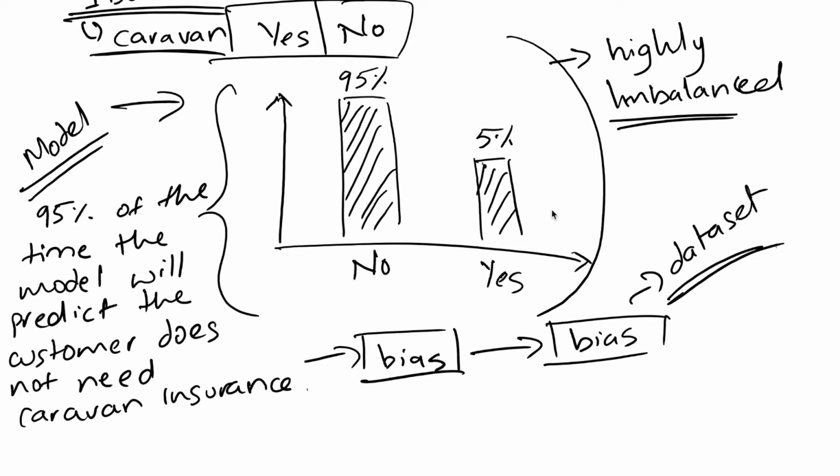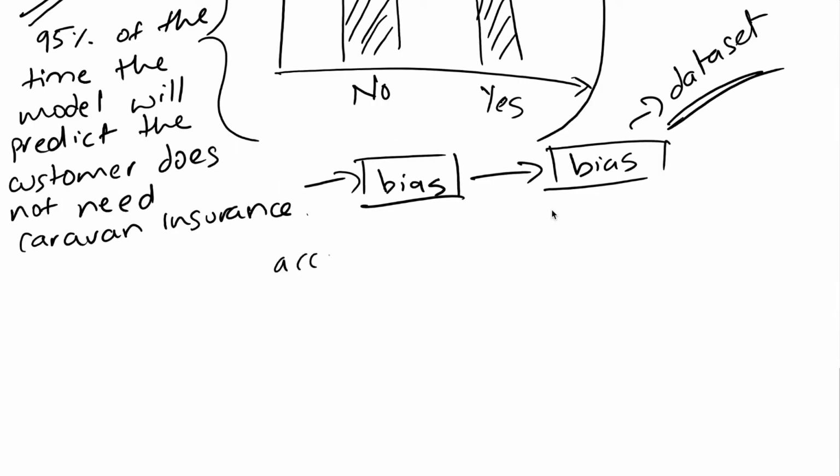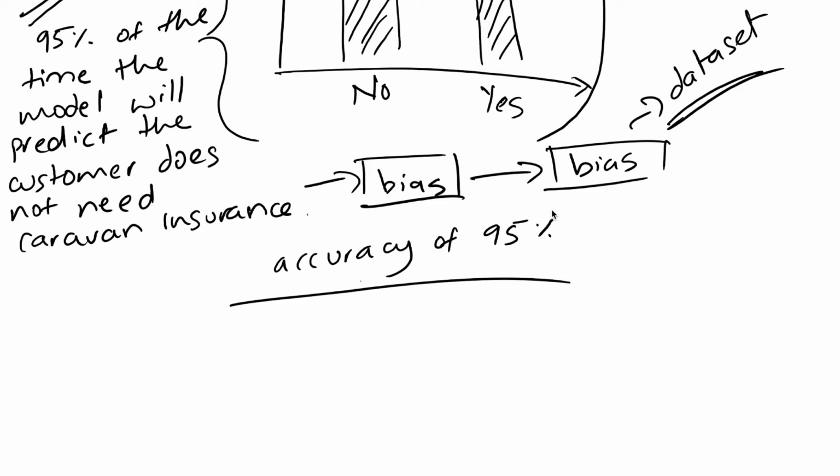In these cases, if you do evaluate the specific model, you're going to get an accuracy of 95%, and you would think that, oh my god, my model is working so well, it's giving me such a high accuracy, but on the flip side, it's biased. The model is completely biased, and this is not what you want.